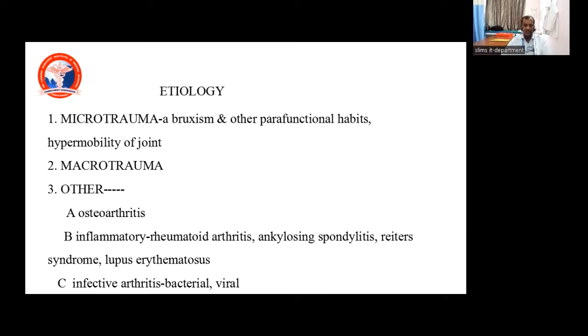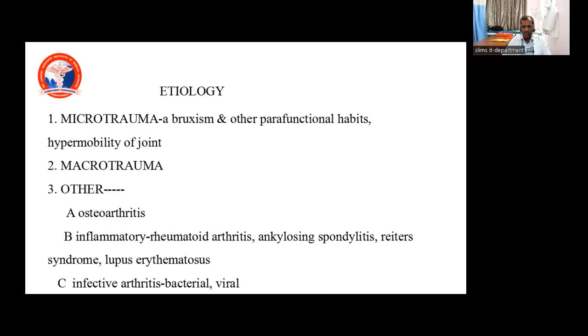The basic etiology: if there is any trauma to the oral cavity, microtrauma, or any abnormal parafunctional habit or bruxism, you can expect hypermobility of the joint. It can also be osteoarthritis or inflammatory rheumatoid arthritis, ankylosing spondylitis, Reiter's syndrome, lupus erythematosus, or any infection that affects the temporomandibular joint.